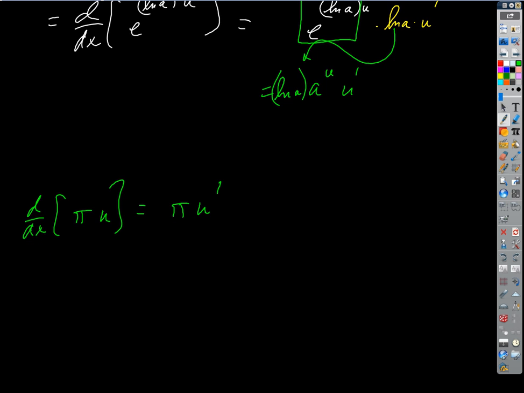The derivative with respect to x of a to the u is natural log of a, whatever the non-e base is, times a to the u prime. It works just like e, but if that were an e, what's the log of e equal to? 1, right?